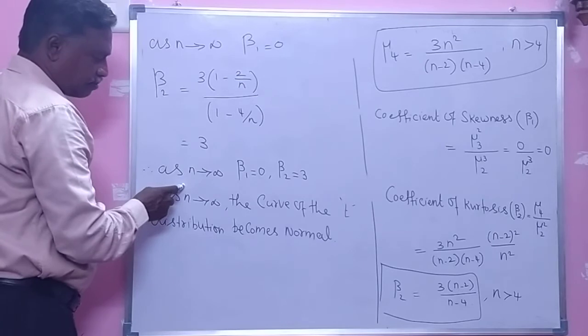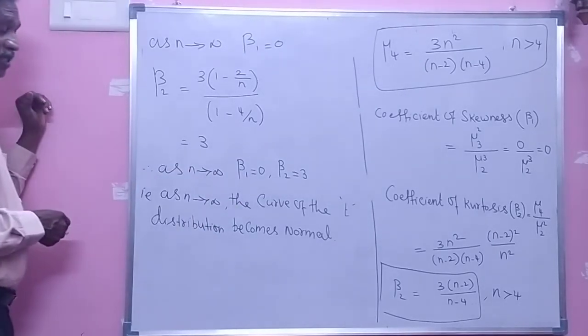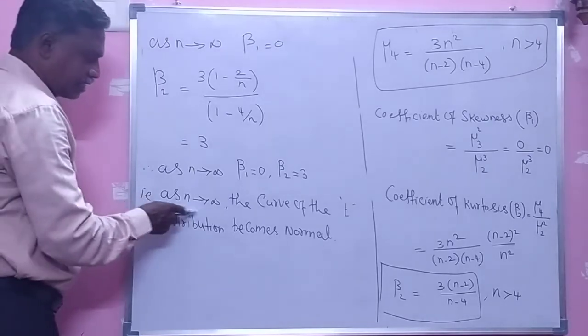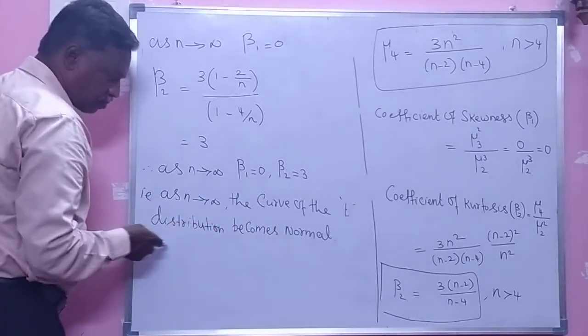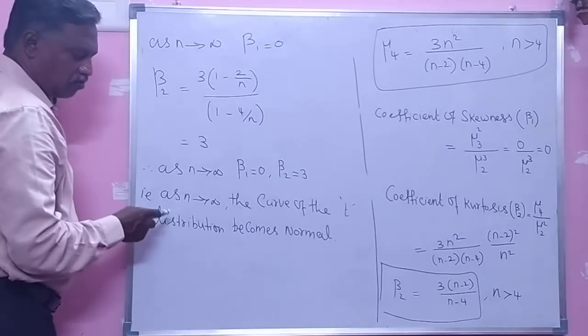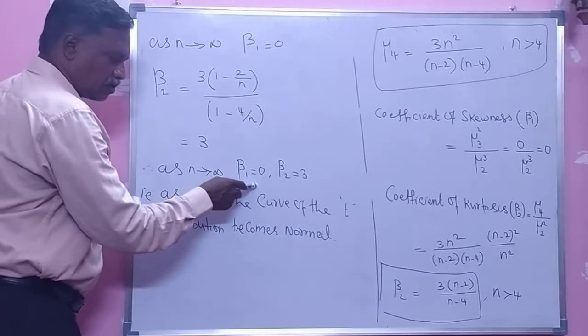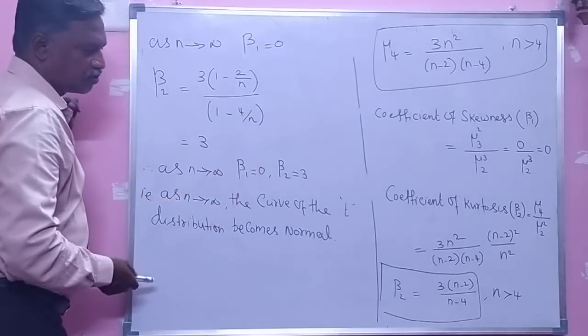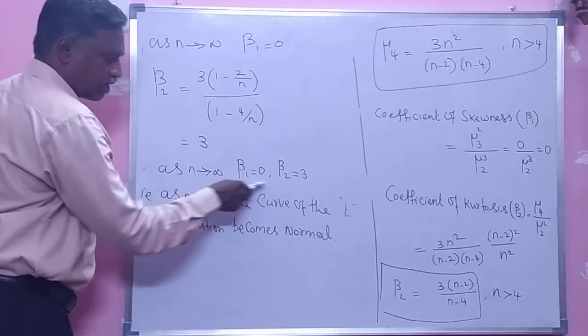Therefore, as n tends to infinity, beta 1 equals 0 and beta 2 equals 3. That means as n tends to infinity, the curve of the t distribution becomes normal. When the curve of the t distribution is normal, automatically beta 1 equals 0 and beta 2 equals 3. So this is the interpretation for these two values.